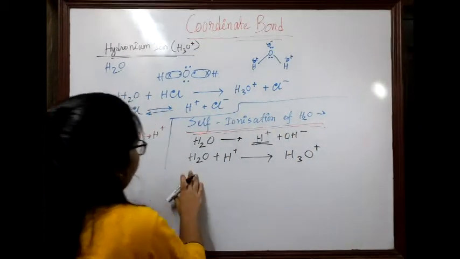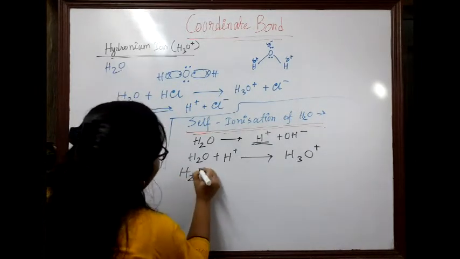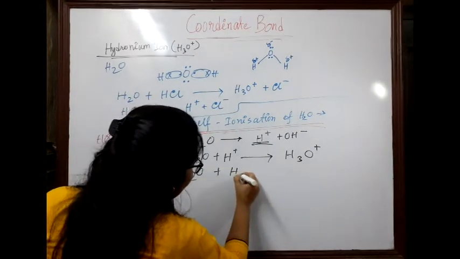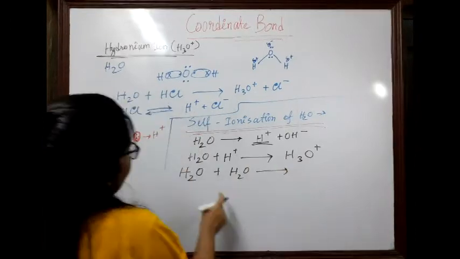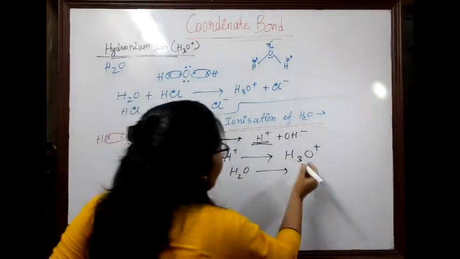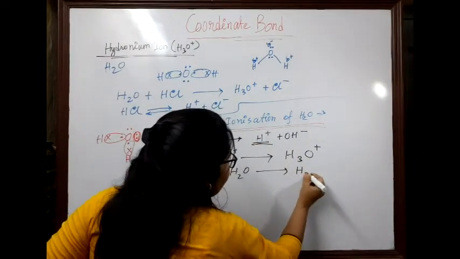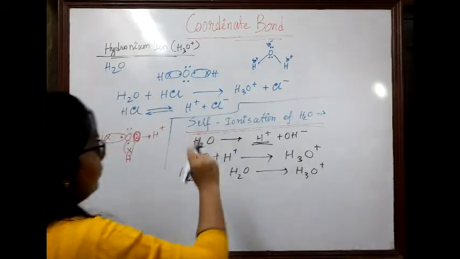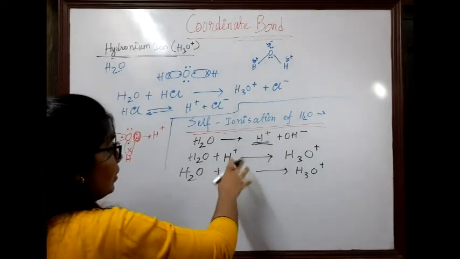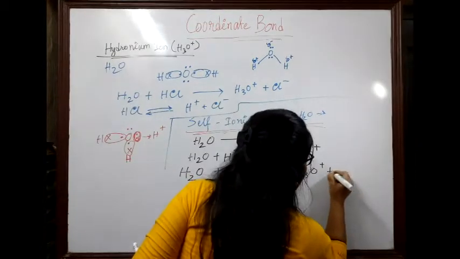If we see an overall equation, H2O plus H2O: from one water molecule an H plus ion is coming and reacting with another water molecule. So H3O plus, and from one water molecule an OH minus ion is remaining.